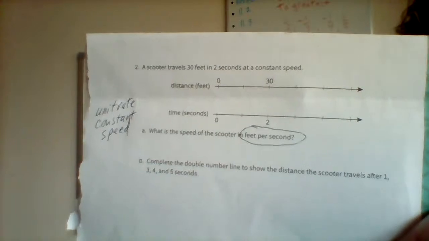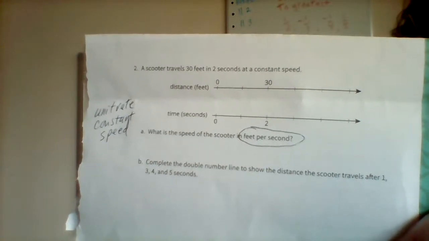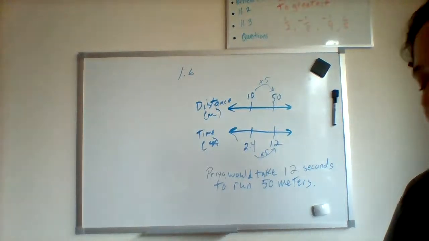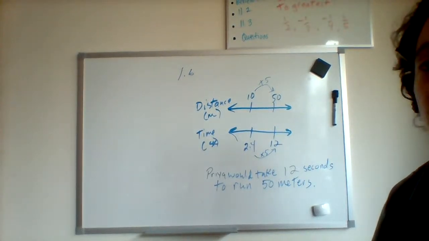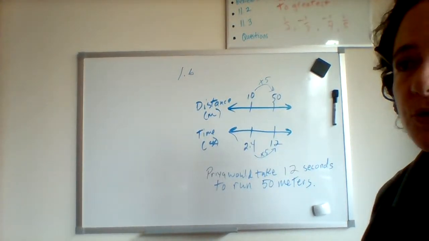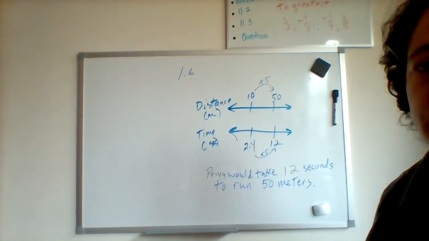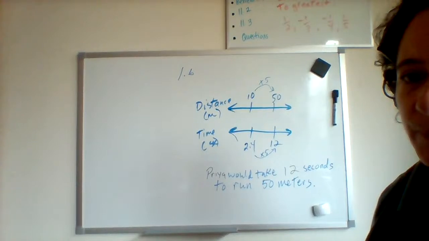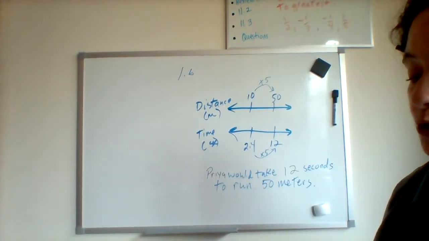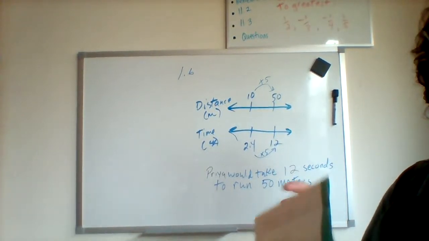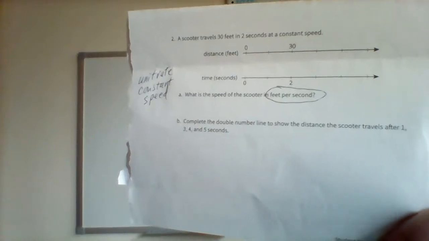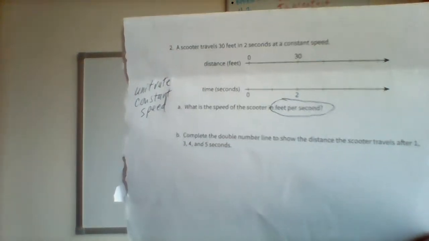Anytime they're looking for anything, I want you to think of your unit rates. And for unit rates, we've been using models like double number lines, tables, and the equivalent ratios, but mostly the double number lines and tables to find them. That's good. It's looking for 1 second. The key here is that it's looking for just 1 second. Feet per 1 second.